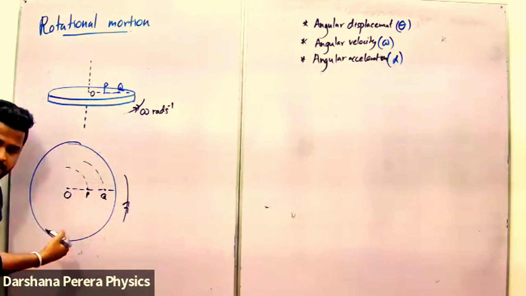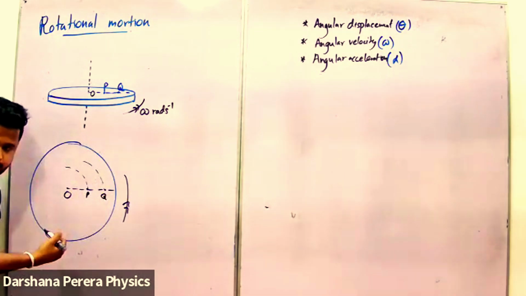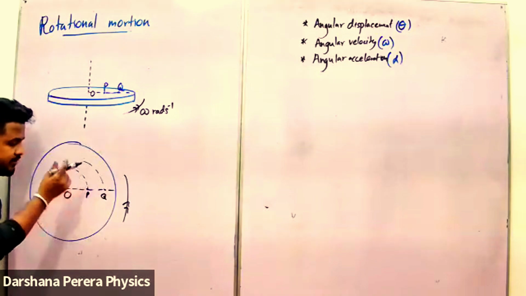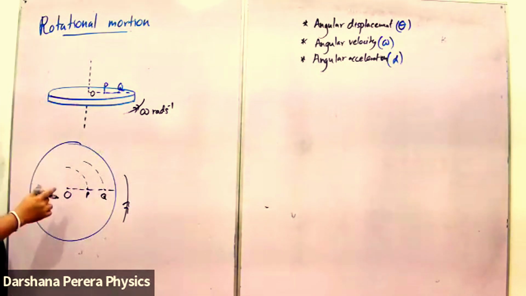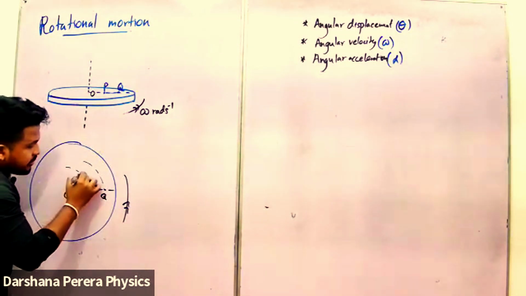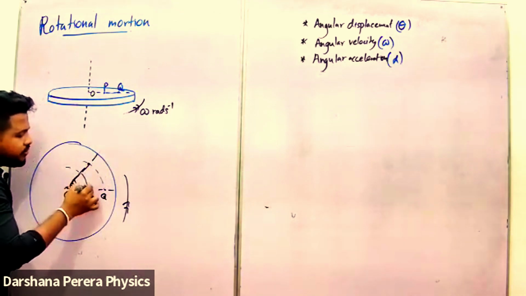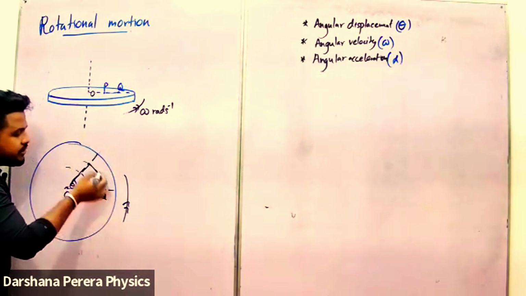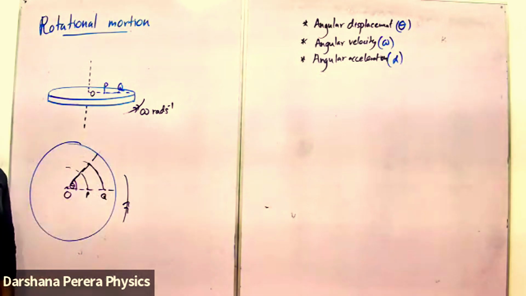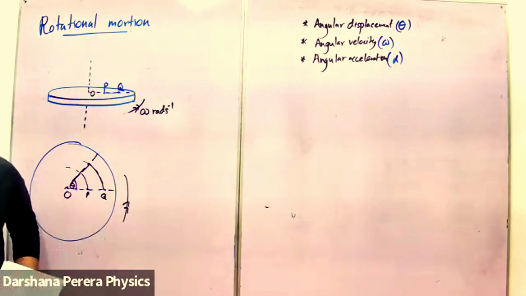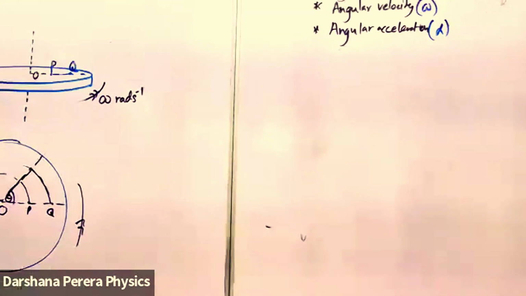P and Q are in circular motion. If it rotates through angle theta, P also rotates through angle theta, Q also rotates through angle theta. That means angular displacement theta.